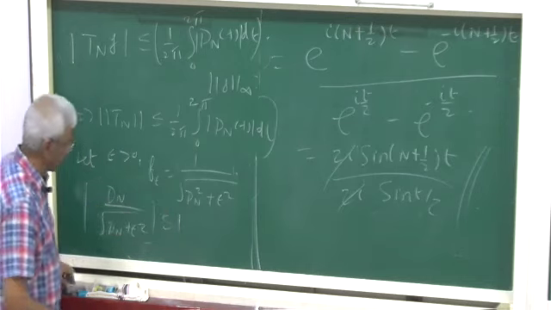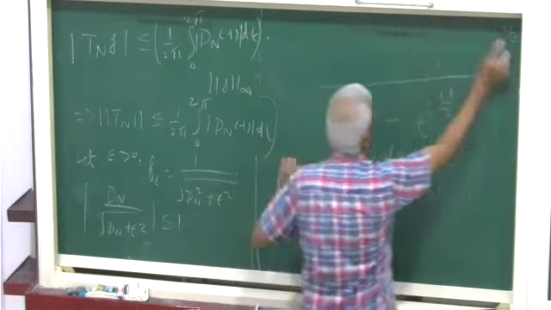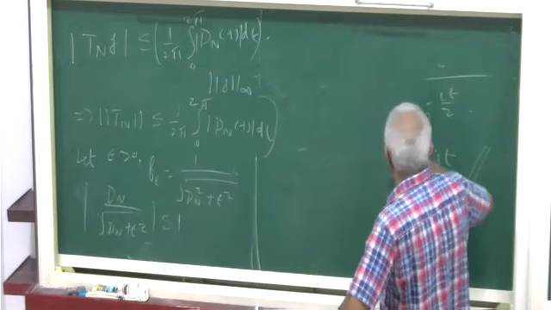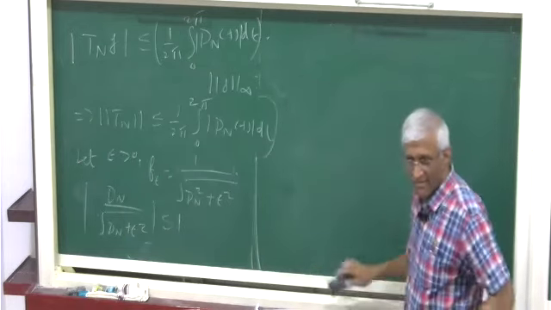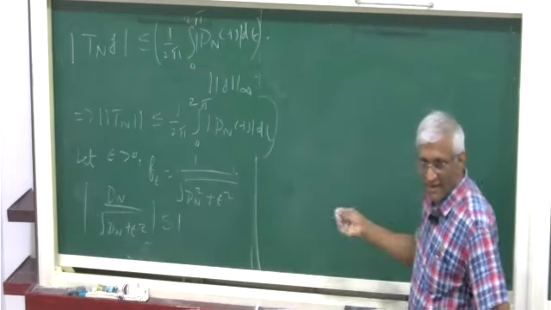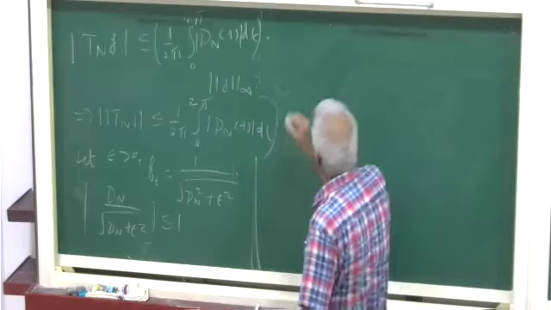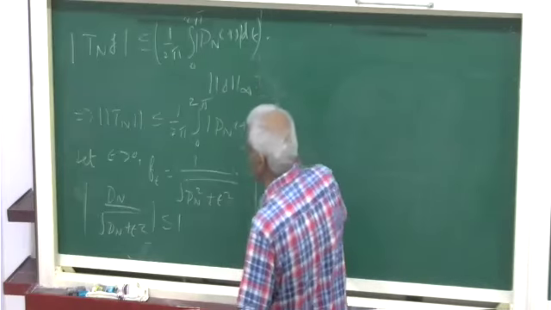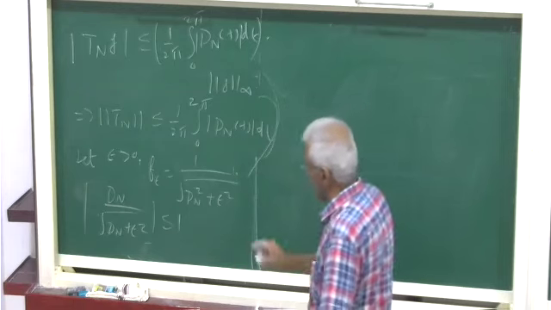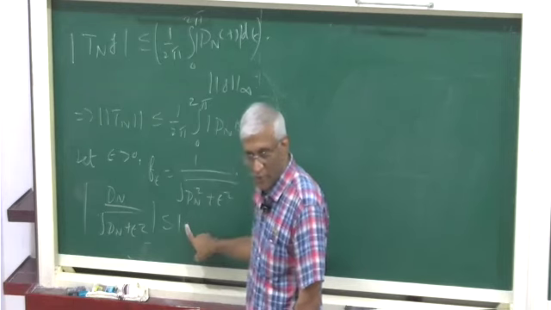Okay, I have taken too much time. Are you tired? But I have to do this. I'm sorry. Euler's formula. This is less than or equal to 1.